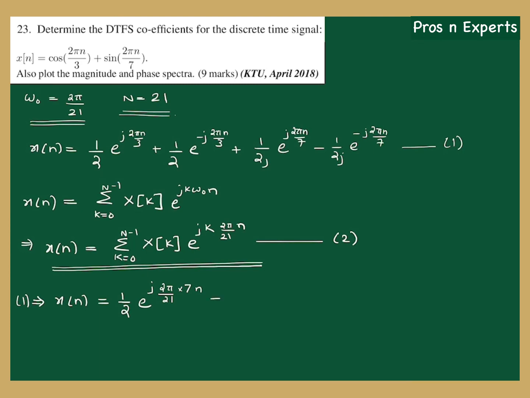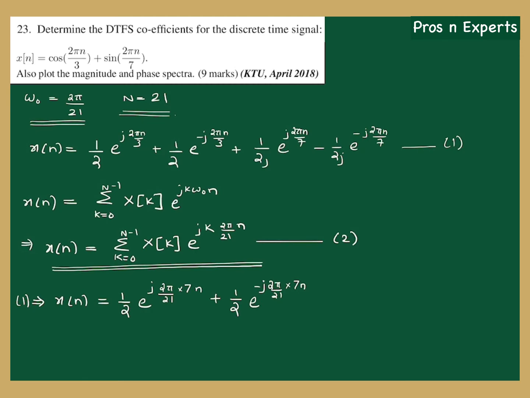This is the first term, plus 1 by 2 into e raised to minus j into 2 pi by 21 into 7n. That is the second term. Here also I have multiplied 7 in the numerator and denominator and obtained 2 pi into 7 by 21.